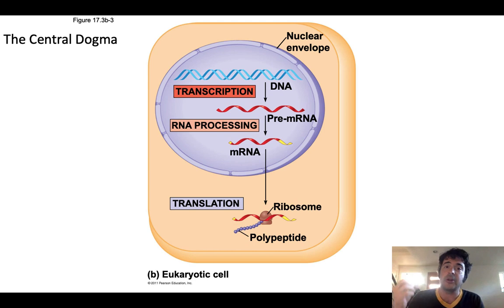Now, gene expression occurs so similarly in all organisms that we refer to it as being the central dogma of biological sciences. Gene expression is very similar in deep sea bacteria, to mold, to humans, to blue whales. All of our cells essentially work the same way across the board.